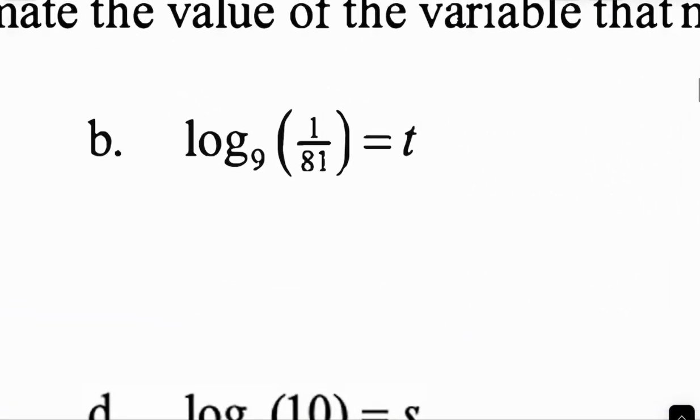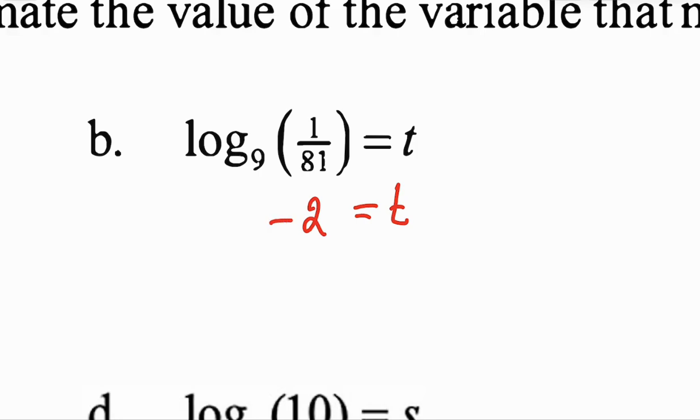Now, here I would think about two components. What power do I put on a 9 to get 81? 2, right? But what do we have to do to that power to make it flip? We would have to make it negative. So yes, we need a 2 to turn it into an 81, but we also need a negative to flip it.